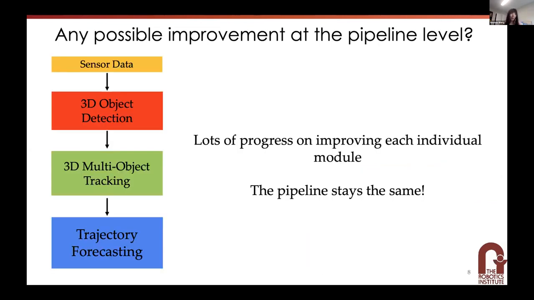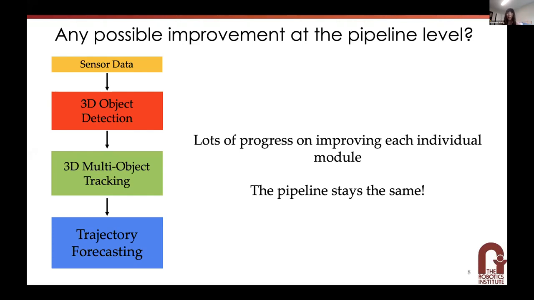We've seen a lot of progress in this pipeline, in each individual module. For example, you see hundreds of papers on detectors every year, and also on tracking and prediction, with a lot of progress using newer models like transformers or graph networks. But the overall pipeline of detection, tracking, and forecasting always stays the same.